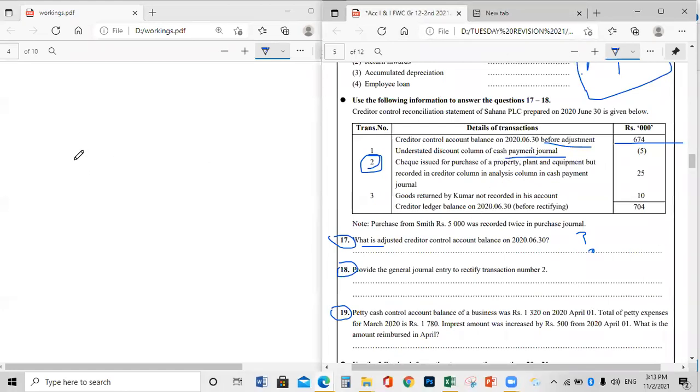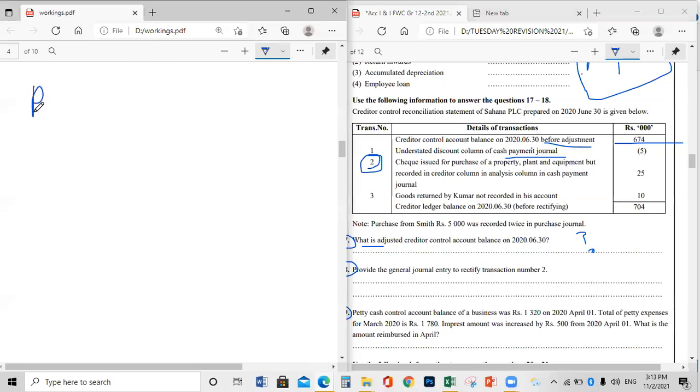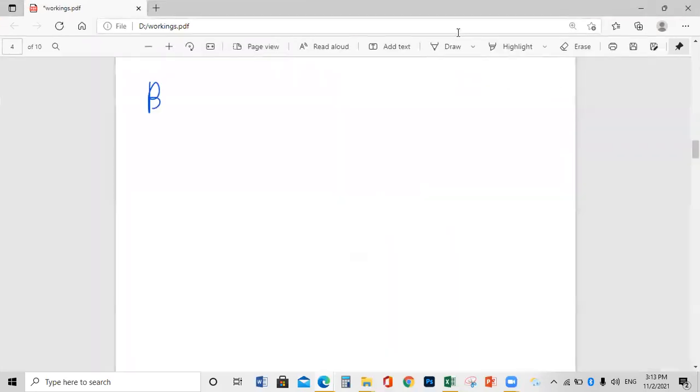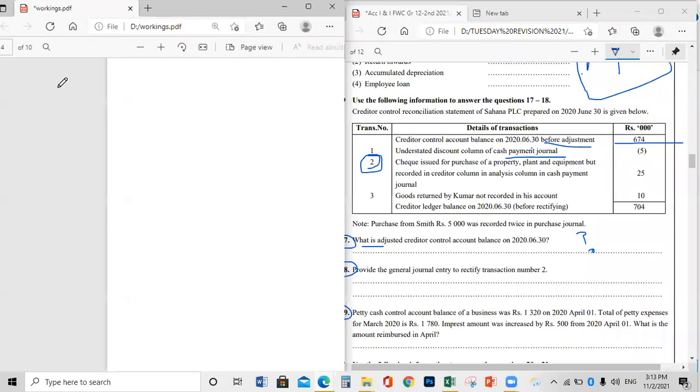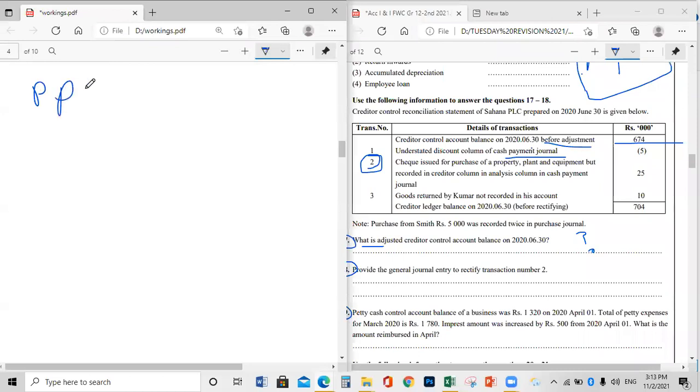So when you make a payment for PPE, the correct double entry should be, PPE is a non-current asset, so you will debit your PPE and you will credit your cash control. This is the correct double entry when you make a purchase of PPE.